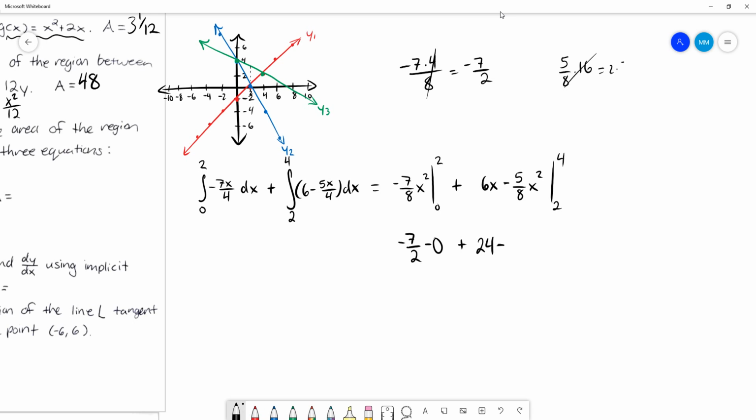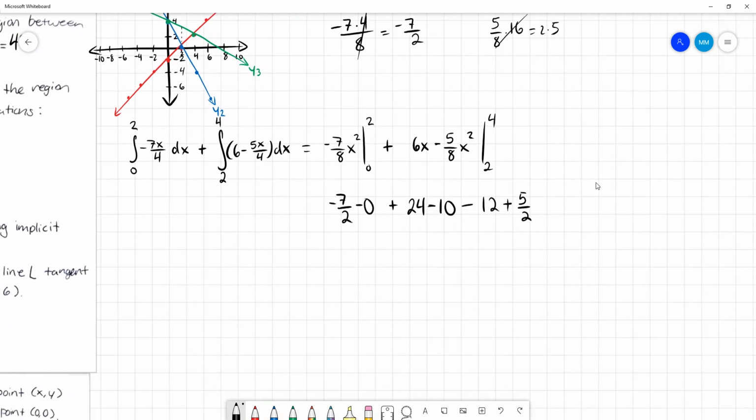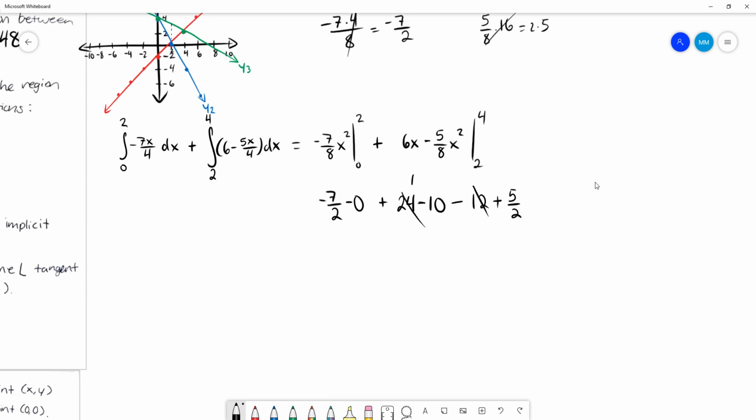So it's going to be 2 times 5, which is 10. And of course minus, putting in that 2, so -12 minus negative 5/8 times 4, which is just 5/2. And now we combine, so that's of course just going to be 12 minus 10, which is 2.